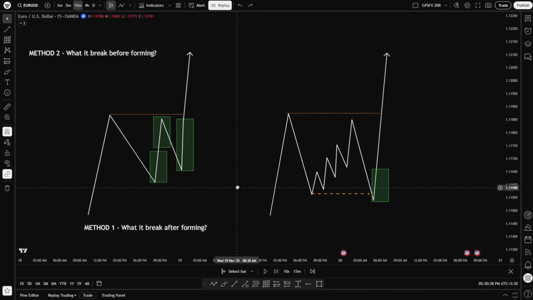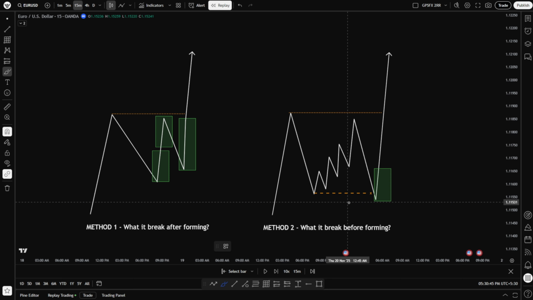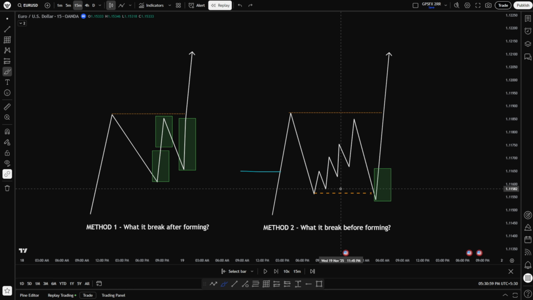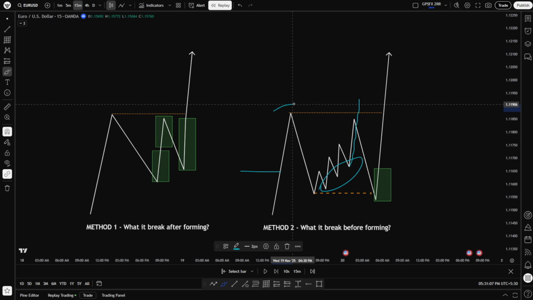The second method can be a bit complicated, but like I said, you're just learning here. Learn this concept, apply this while you're backtesting. So what happens here is the market is in an uptrend and this structure goes up. What happens here is a slight liquidity accumulation. The market accumulates liquidity right here and shows the retail traders as if it's going to go up and break this high.